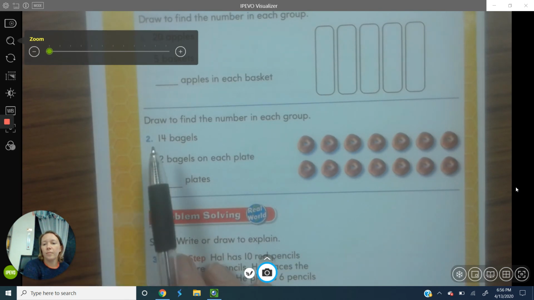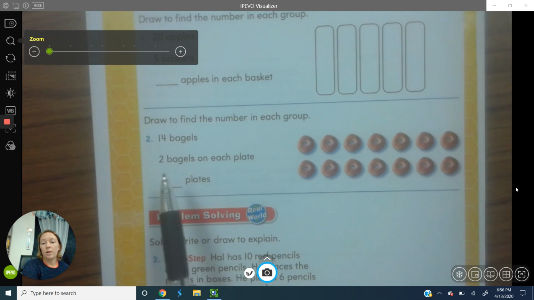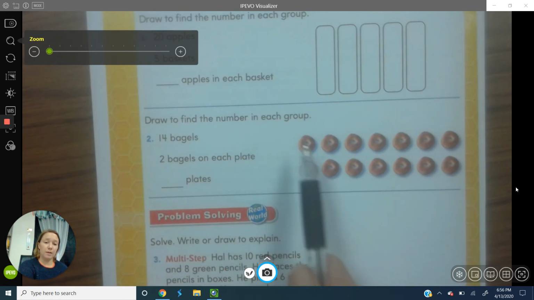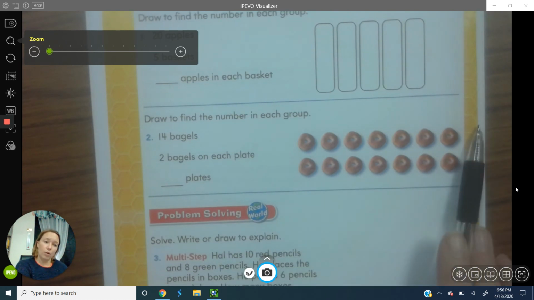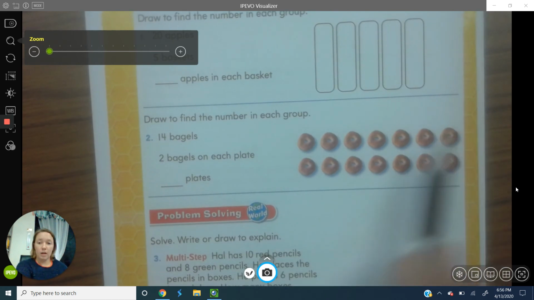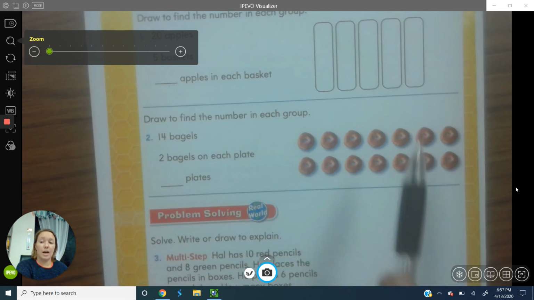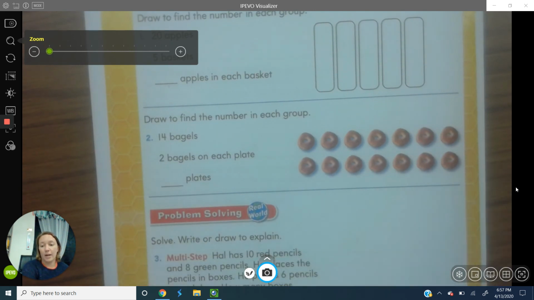Okay. Number 2, 2 bagels on each plate. This one's a little different. You know your total, but you don't know your groups. So the groups are how many plates that would be.